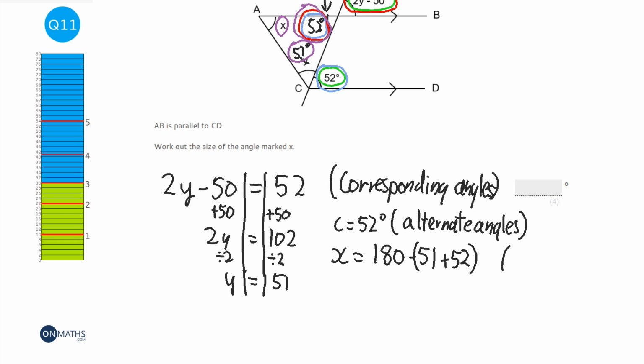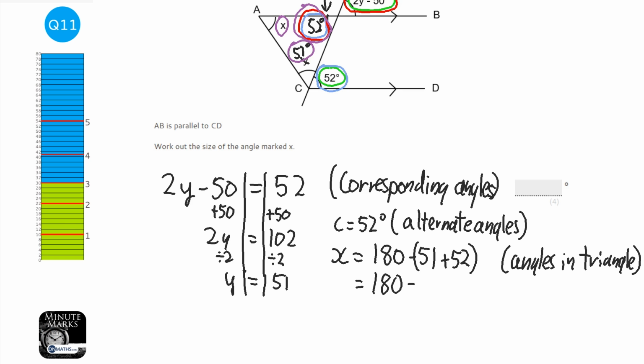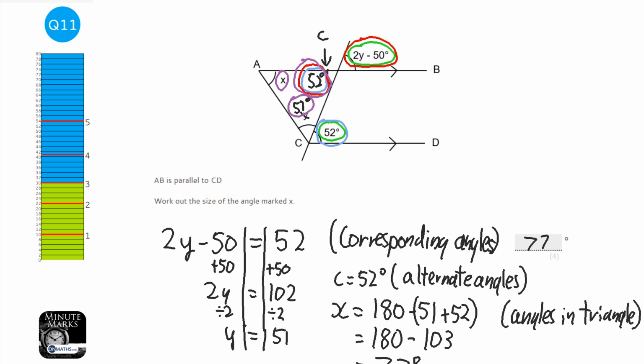And the reason is angles in a triangle. Okay, so I know that 51 plus 52 is going to be 103. Therefore that's going to be 77 degrees. So my answer is 77 degrees.